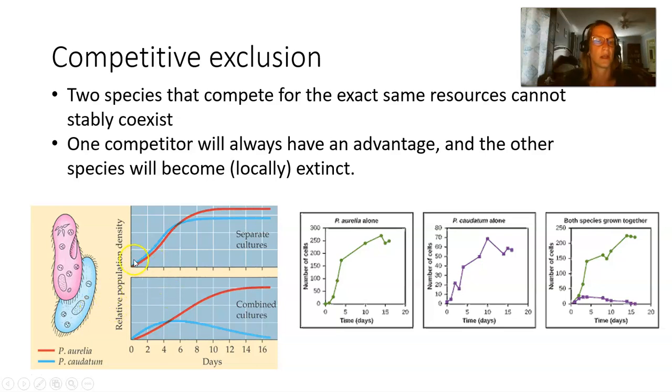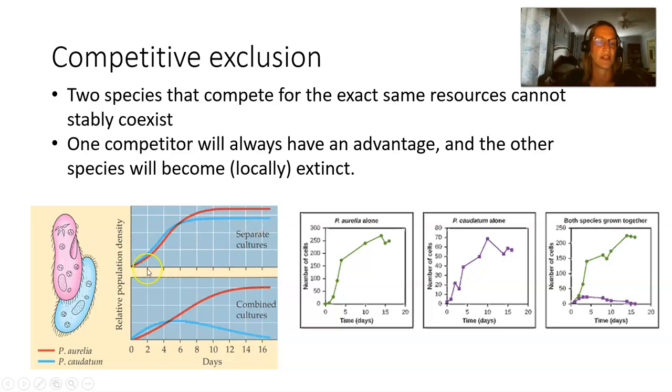So here, this graph right here, it doesn't show exactly the density, but they're just showing that when paramecia are kept in single species cultures, they exhibit an increase in population, and then they reach some stage, and then they have a stable population right here.